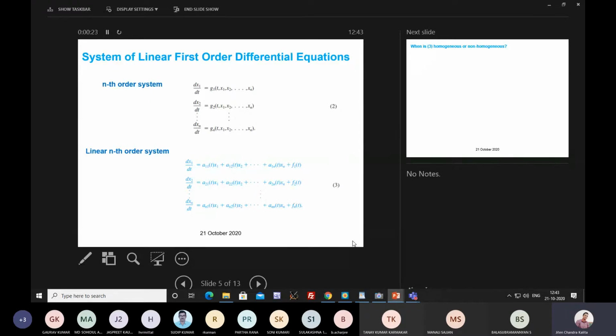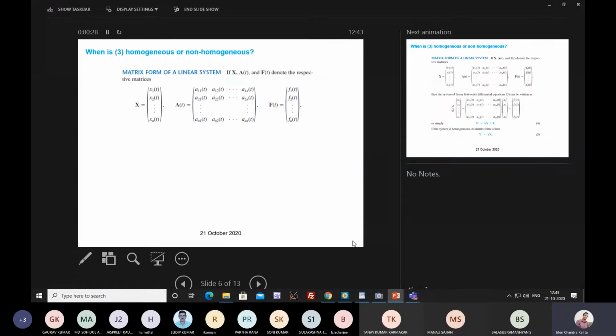But if you have a linear nth order system, it is going to be written in terms of 3, right? And this is pretty straightforward.